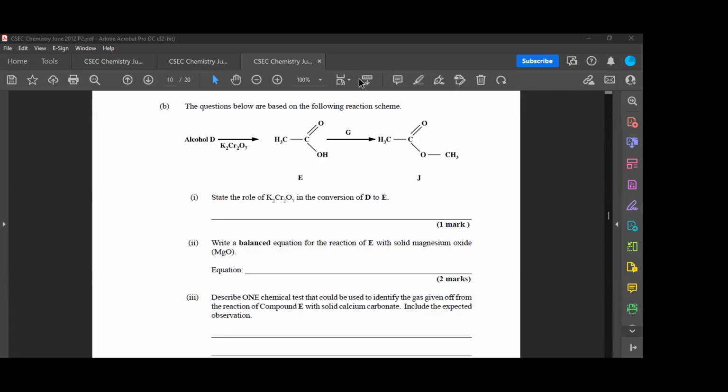It turns lime water milky. Yes, so it gets cloudy white.